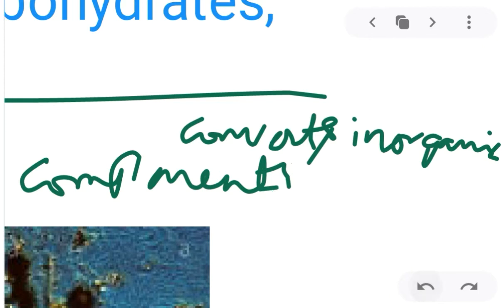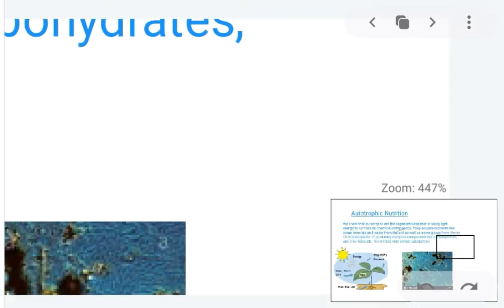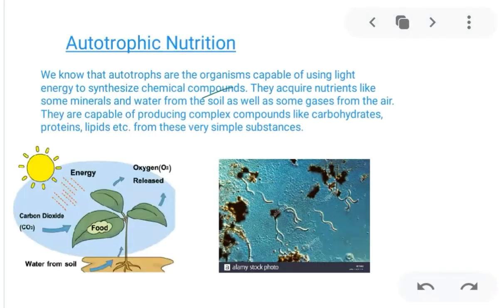Then you will understand what is meant by phototrophism or phototrophic nutrition.